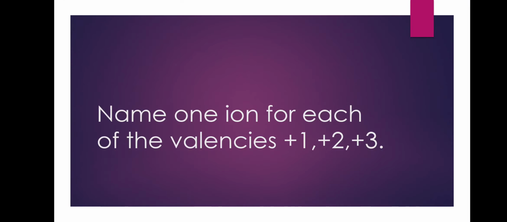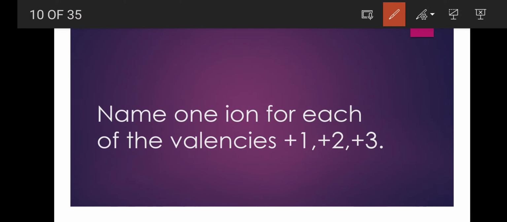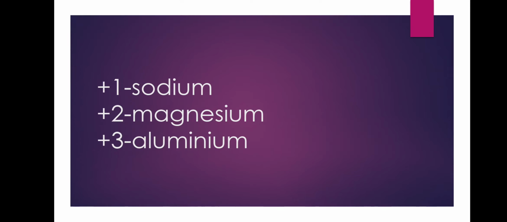Now next, name one ion for each of the valencies +1, +2 and +3. Means you have to give an example, and the answer is +1 sodium, +2 magnesium and +3 aluminium. Clear? So this is one example.